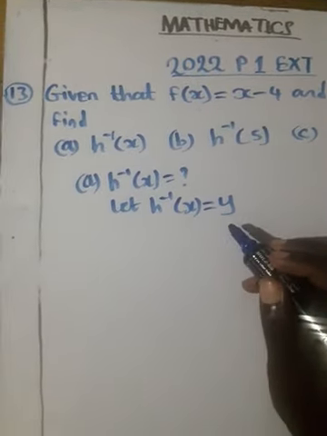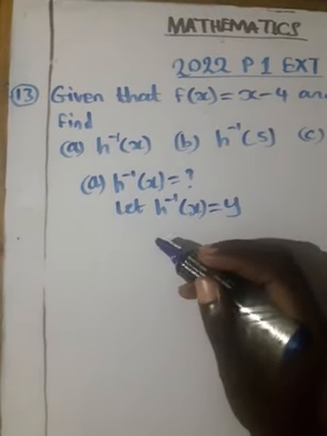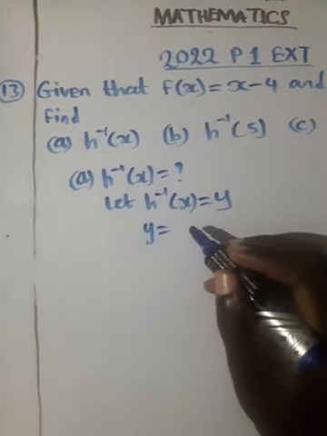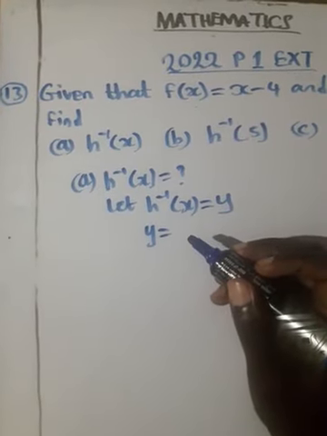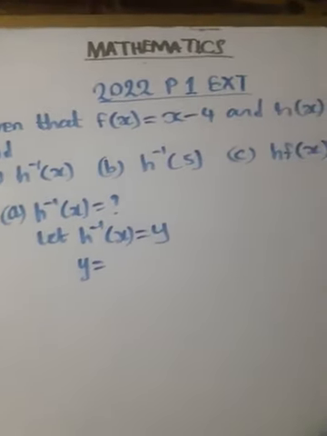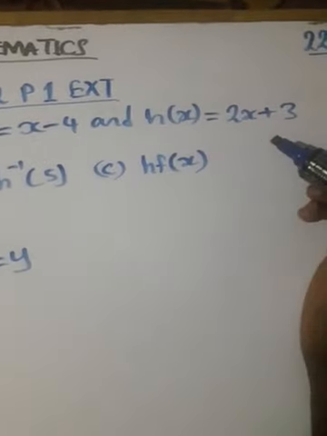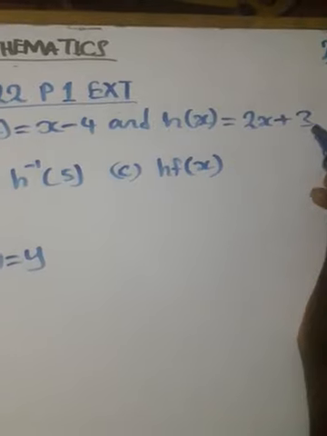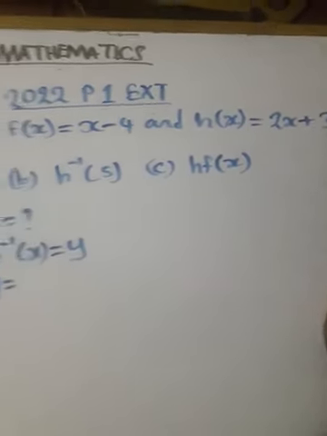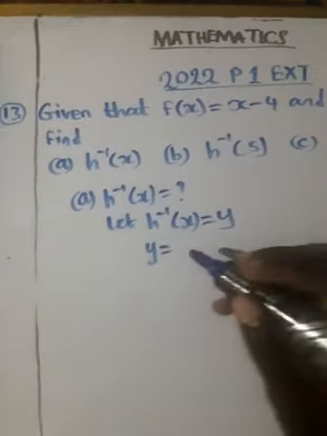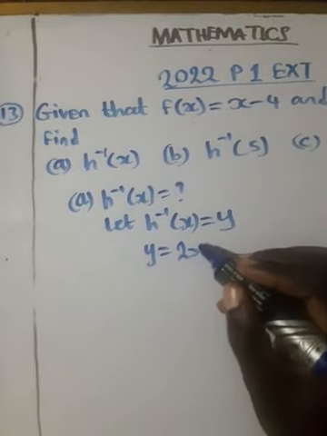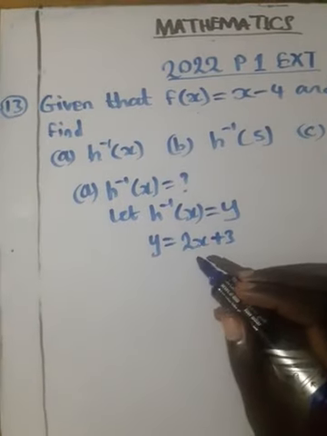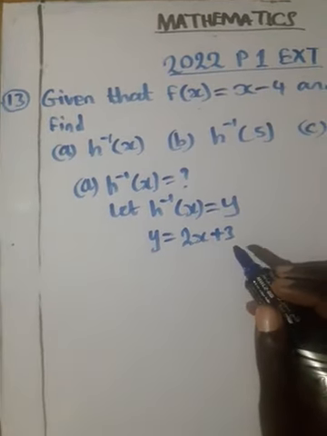After letting, we now write the equation as y equal to the expression for h of x from the question, which is 2x plus 3. So y will be equal to 2x plus 3.